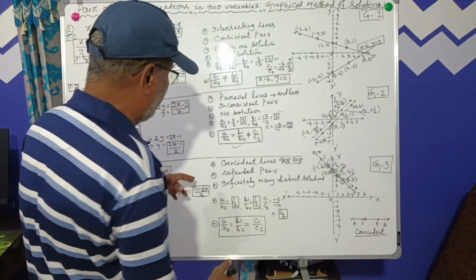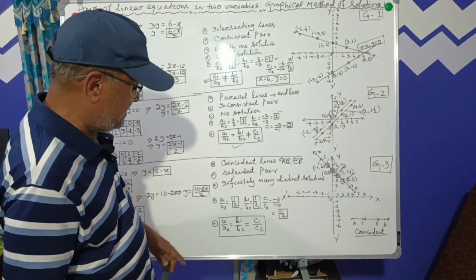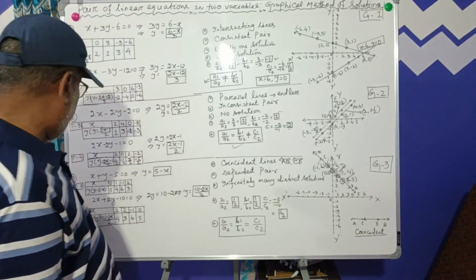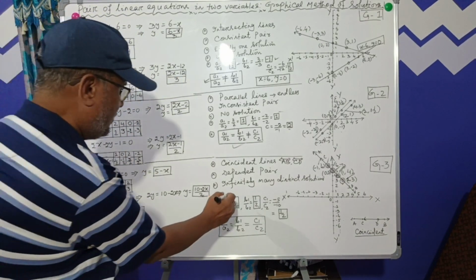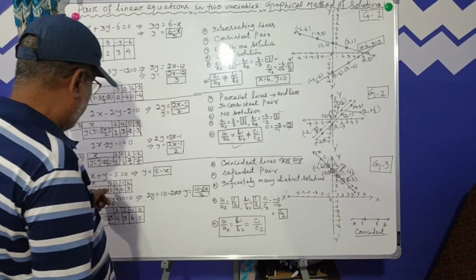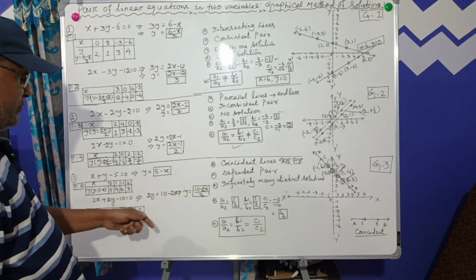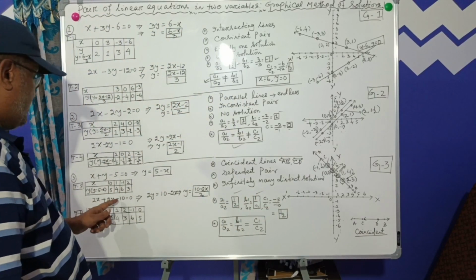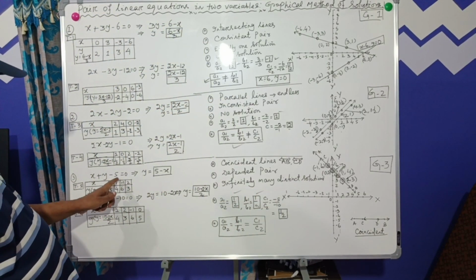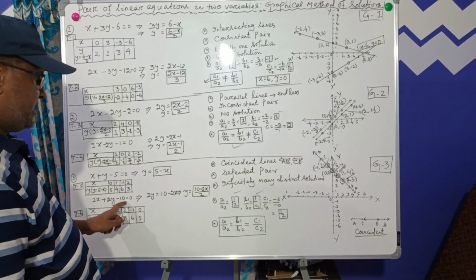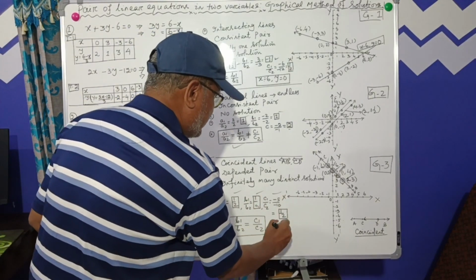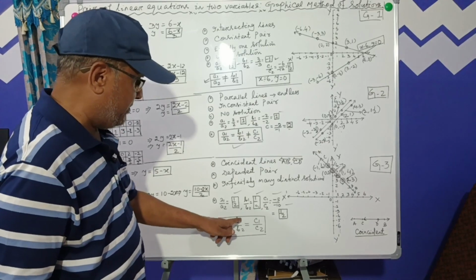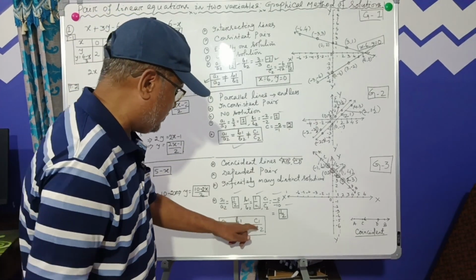Now, you see, let us compare the coefficients. The ratio of A1 and A2 is 1 by 2, half, and the ratio of B1 and B2 also is 1 by 2, and the ratio of C1 by C2, C1 minus 5 and C2 minus 10, also is 1 by 2. Now we got A1 by A2 equal to B1 by B2 equal to C1 by C2.